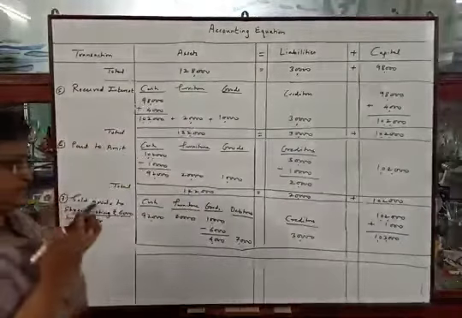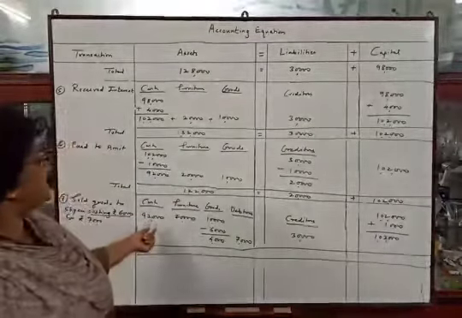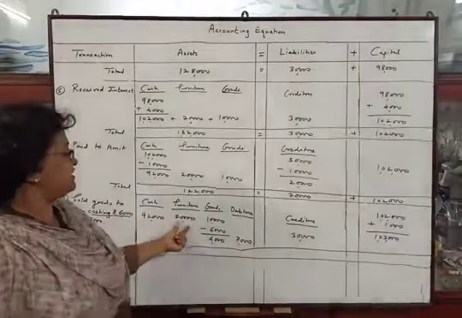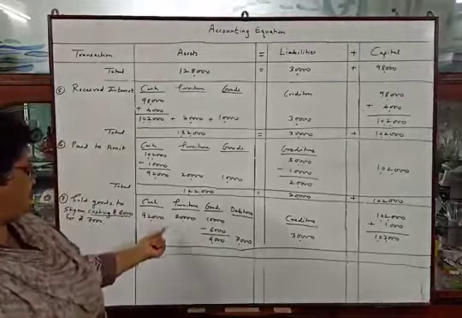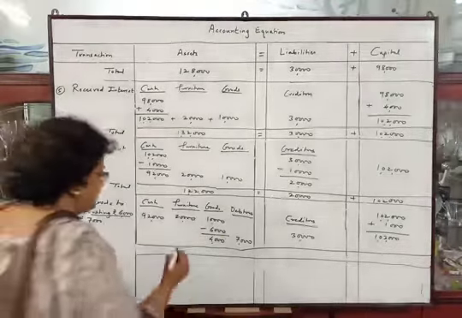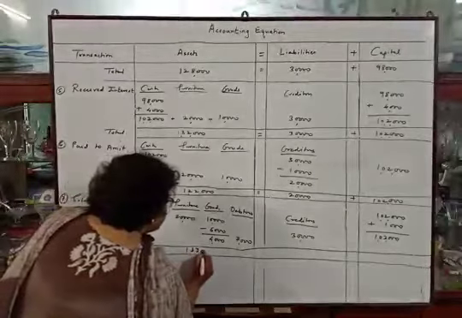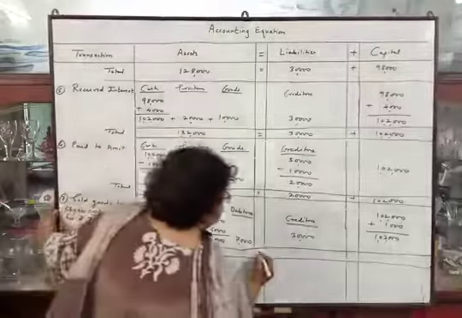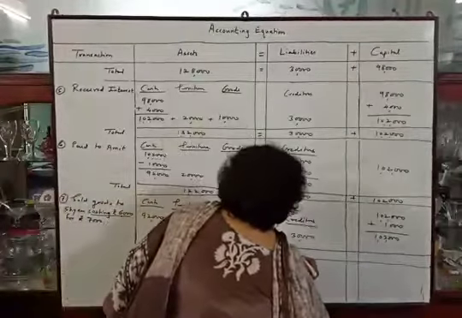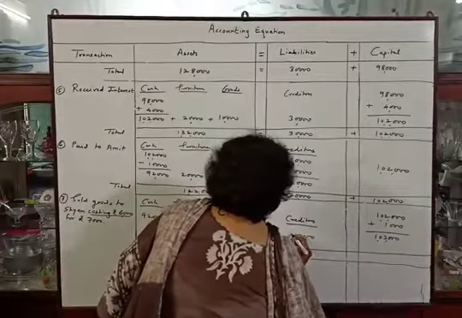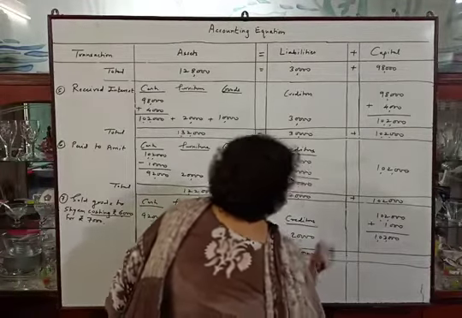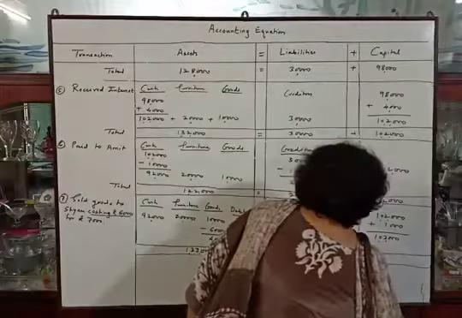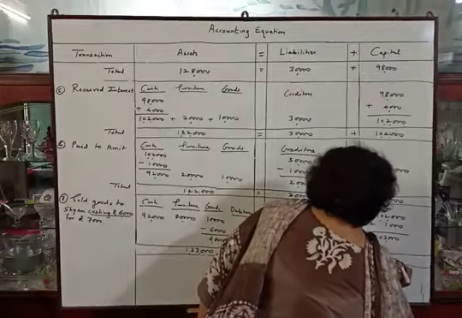So now total. Okay. Now let us make the total. Total assets were 92,000 plus 20,000 plus 4,000 plus 7,000. Means 1,23,000, which is equal to creditors 20,000 plus 1,03,000.